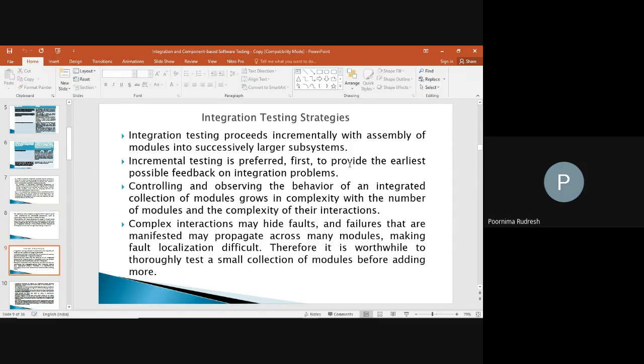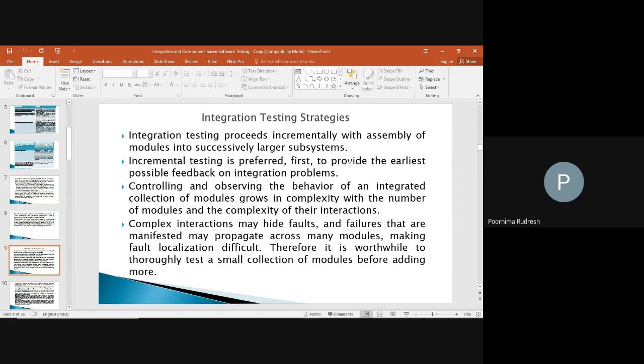Similarly, we are applying the testing strategies in an incremental approach. Why? Because we have to detect the faults or errors at each stage of the software development, and we aim at detecting the faults or errors as early as possible.